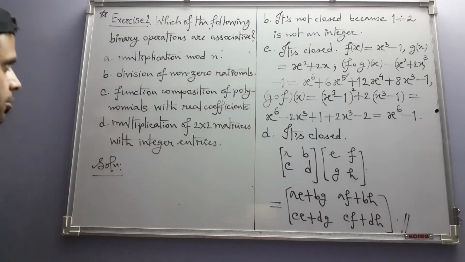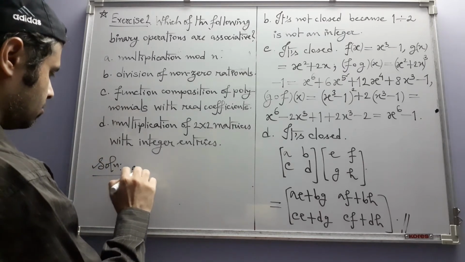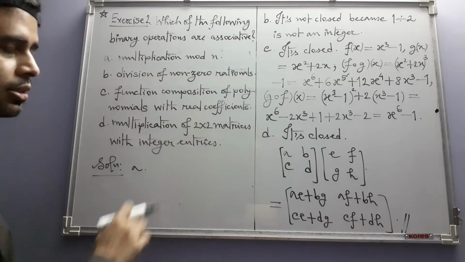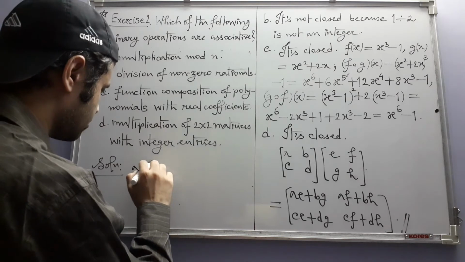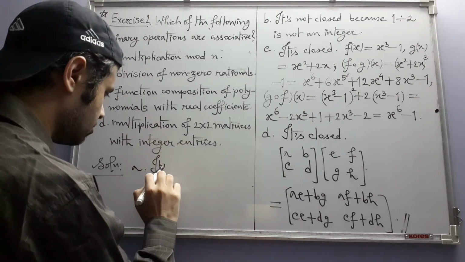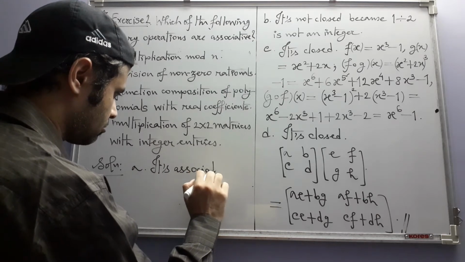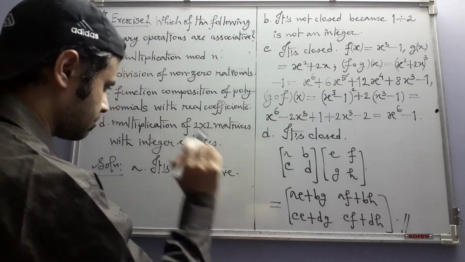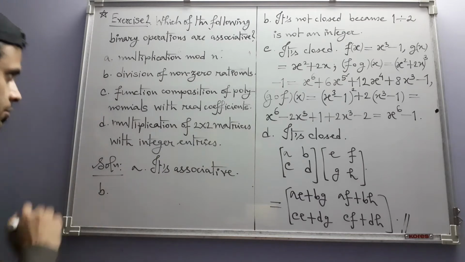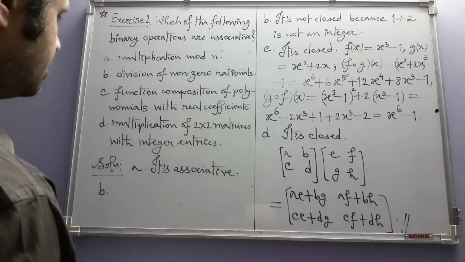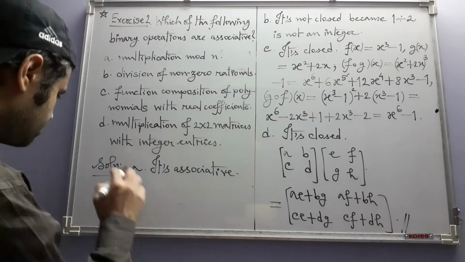The solution A, we know this multiplication, this operation is associative. This is known to us. This one, division of non-zero rationals, is not associative.